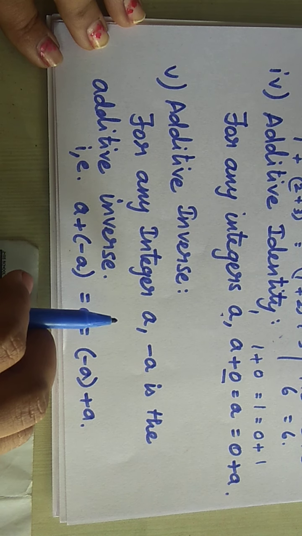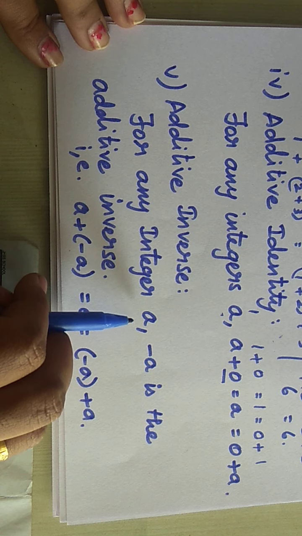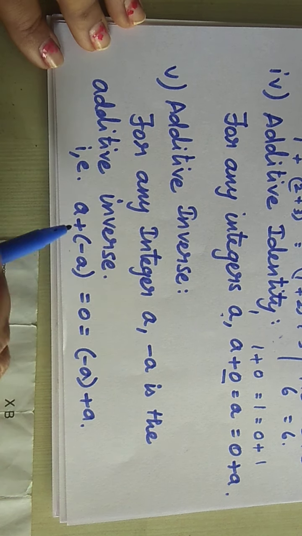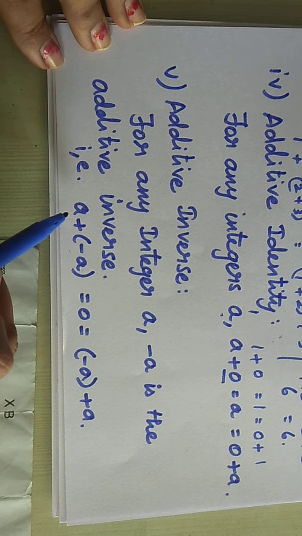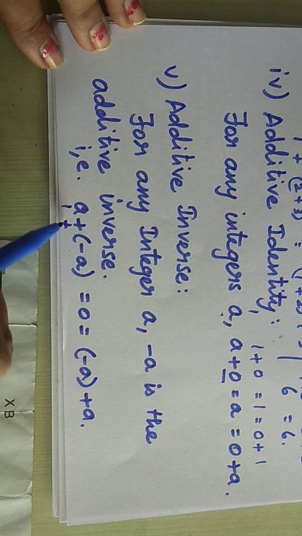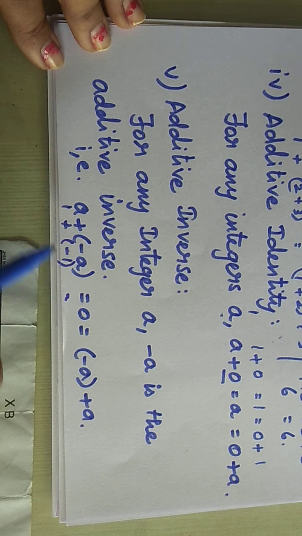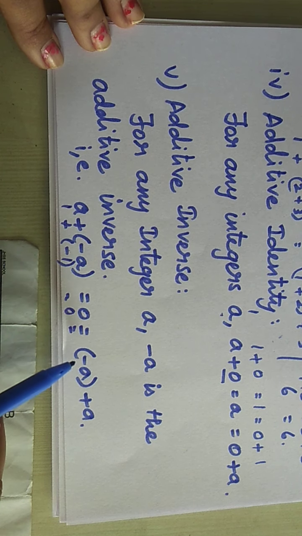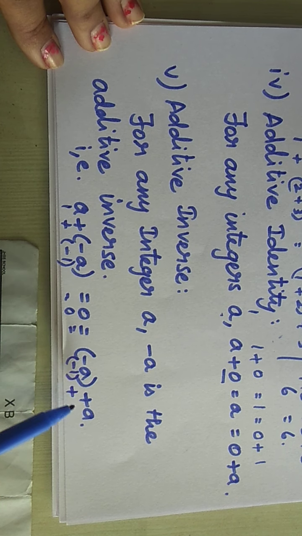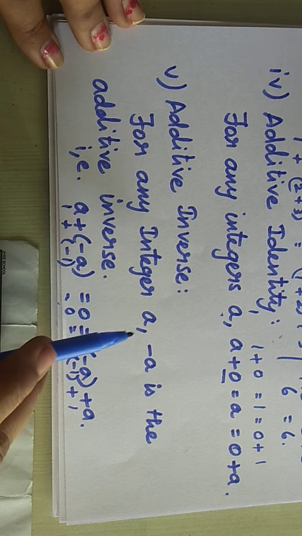For any integer a, the inverse of a is minus a. So a plus minus a equals 0 equals minus a plus a. For example, if we take 1, the additive inverse of 1 is minus 1. So minus 1 plus 1 is 0, the same as 1 plus minus 1 is 0. So the additive inverse of a is minus a.